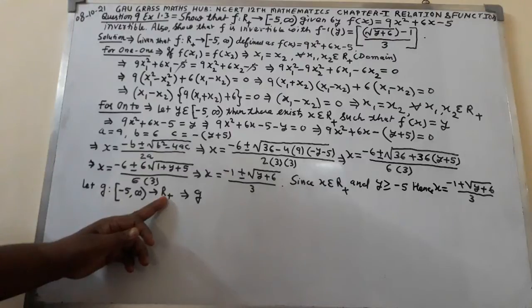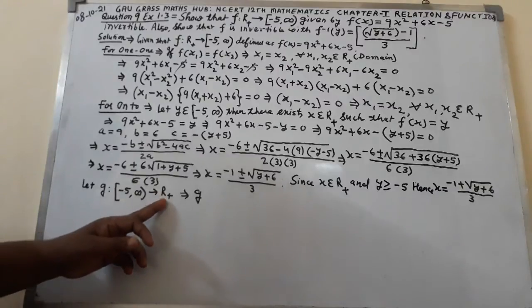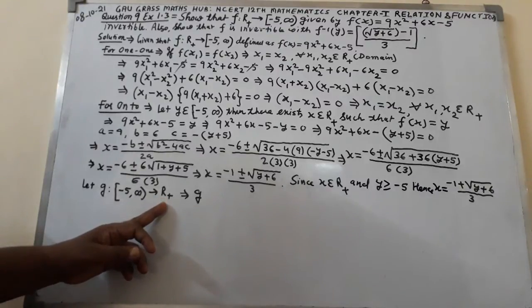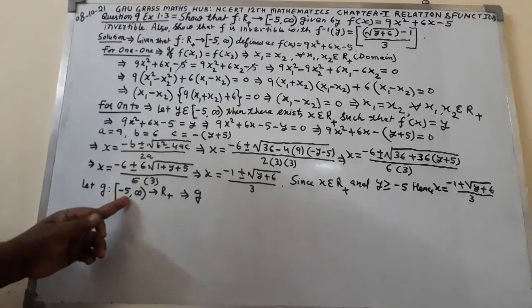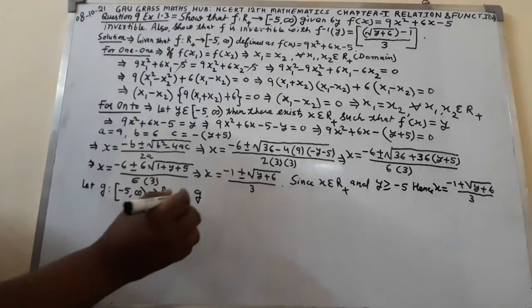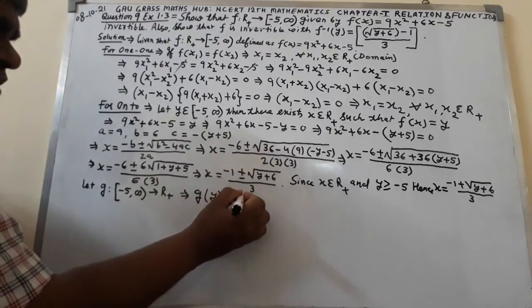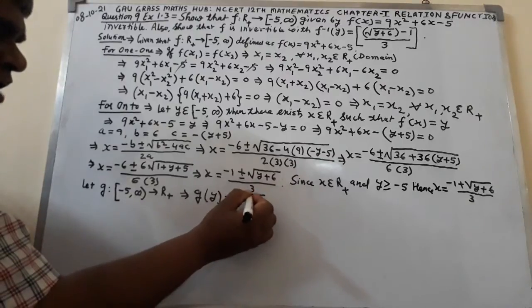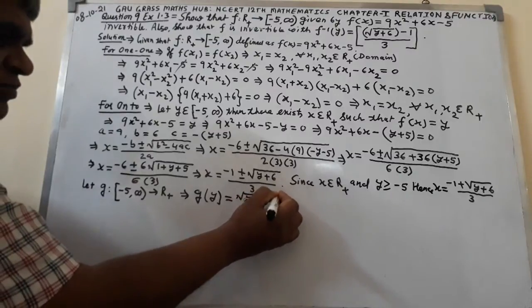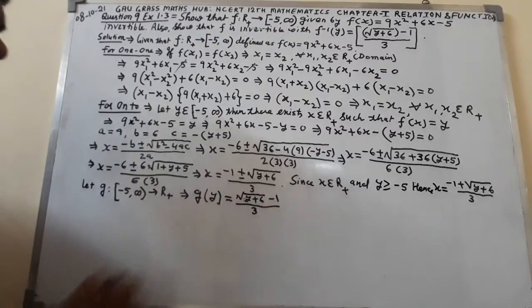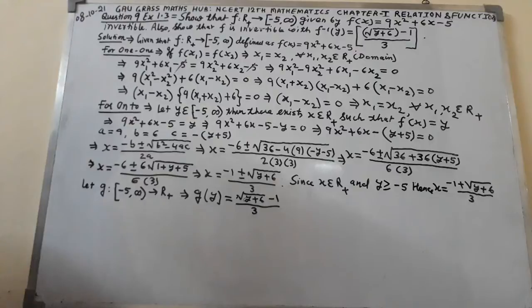X belong to set of positive real number, wherein y belong to closed interval minus 5, infinite open interval. That's why g(y) equal to under root y plus 6 minus 1, whole over 3. Value of g(y) equal to under root y plus 6 minus 1, whole over 3. This one you have got.